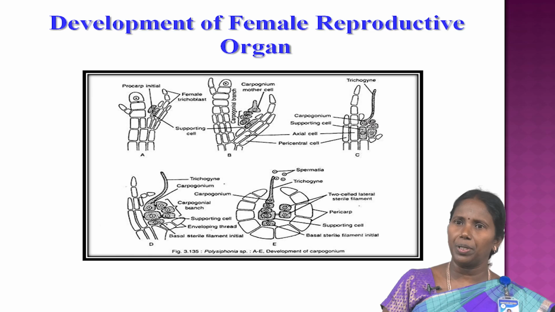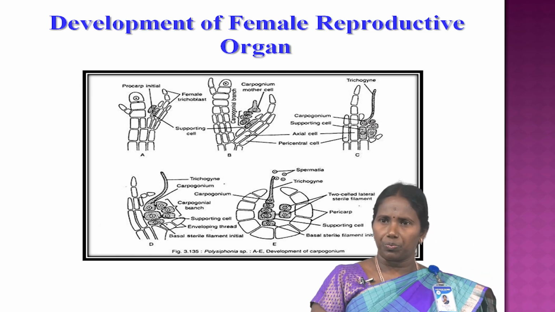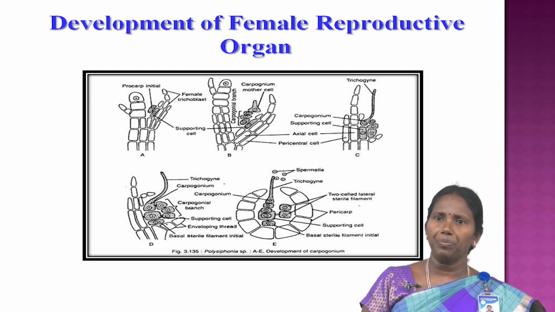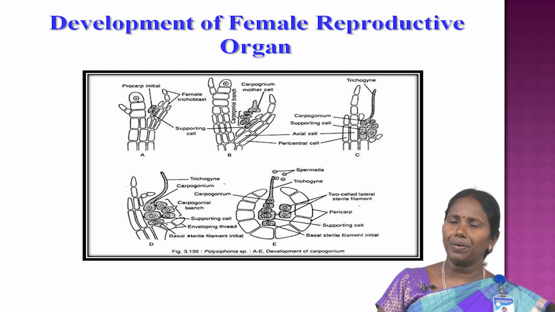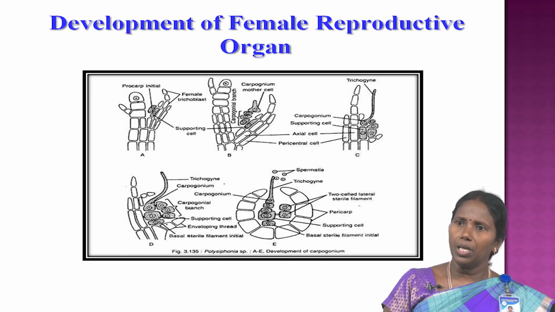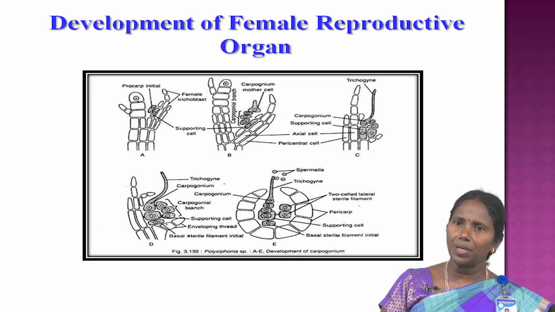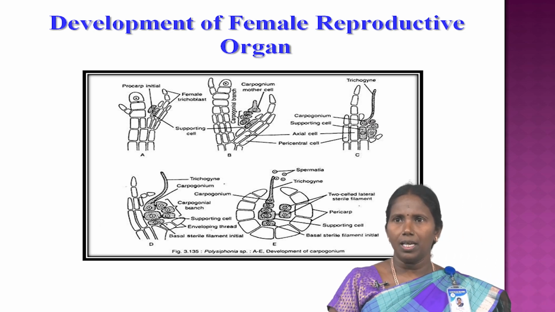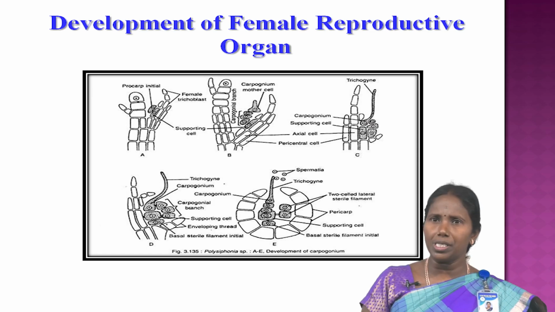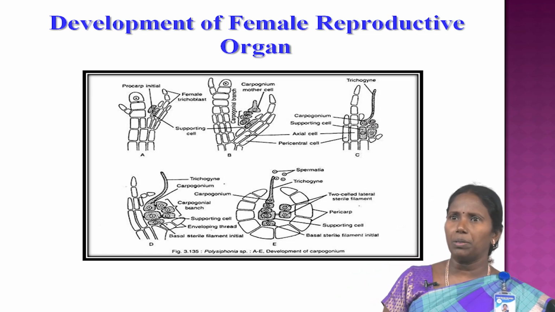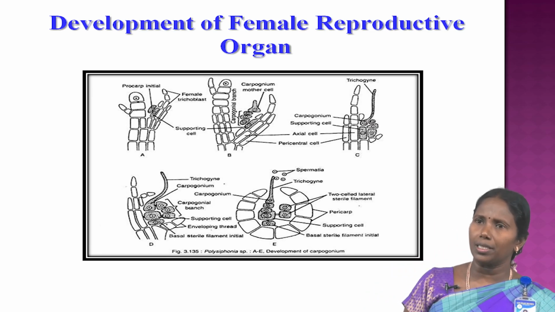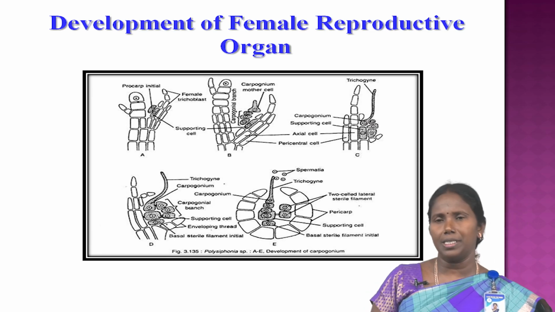The apical cells of the carpogonial filaments function as the carpogonium mother cells. The cells further develop into a carpogonium. The carpogonium has a swollen basal region containing the egg and an elongated tubular region, the trichogyne. At a later stage, the supporting cell develops 2 initials, one the basal sterile filament initial and the other the lateral sterile filament initial.